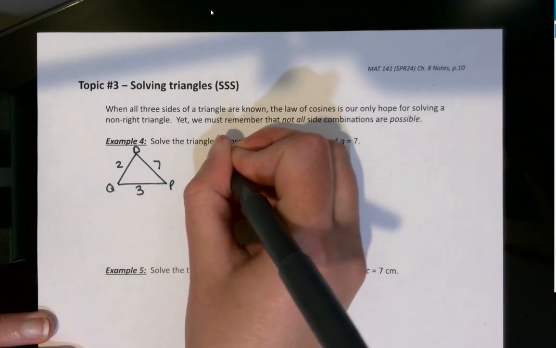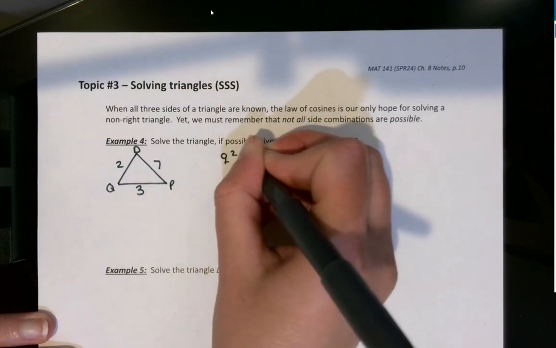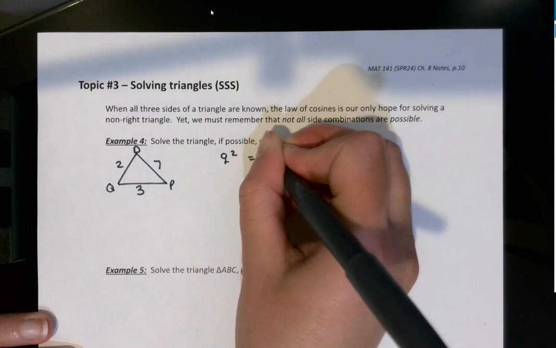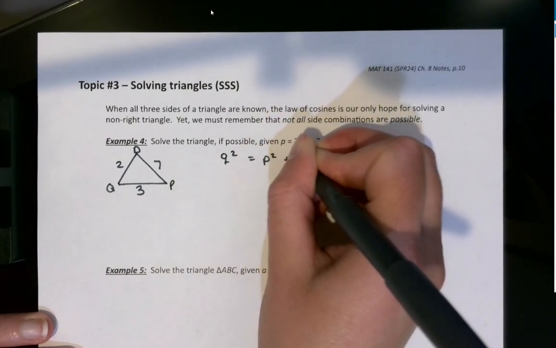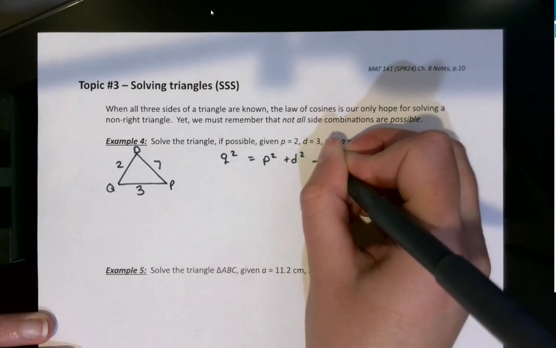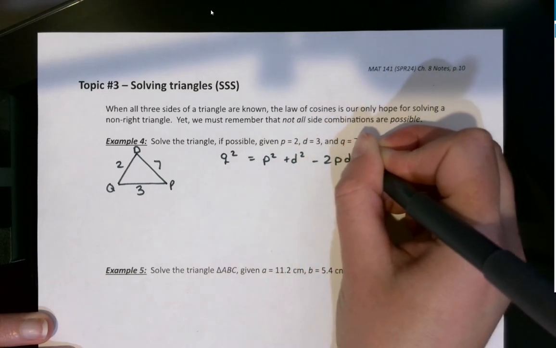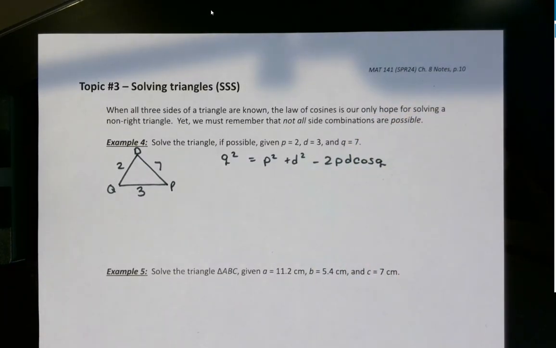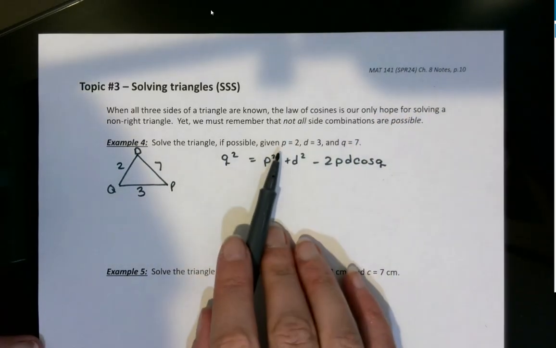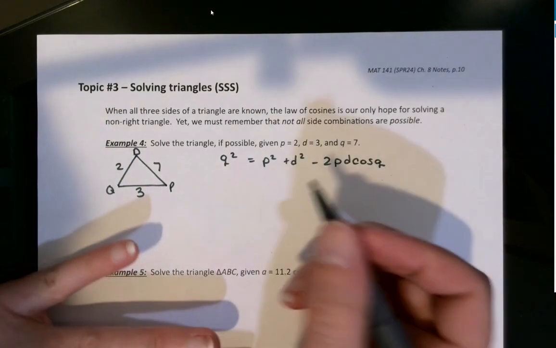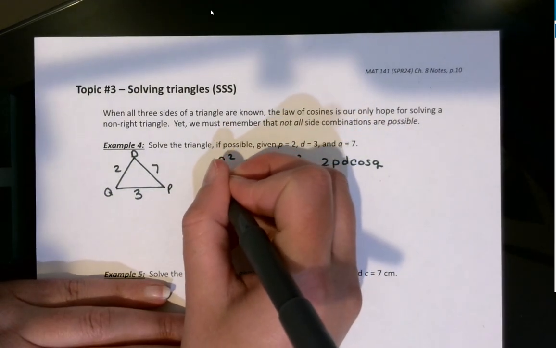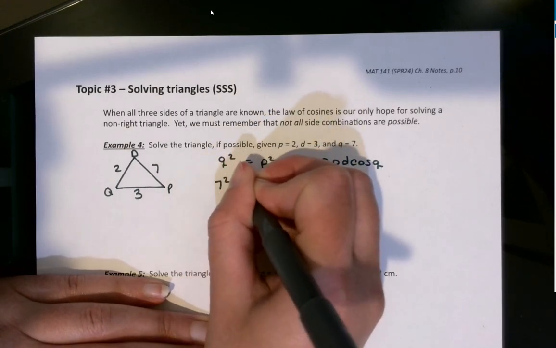So we'll set this up as Q squared equals P squared plus D squared minus 2PD cosine Q. This is going to be a dyslexic nightmare with these P, D, and Q letters all looking similar, so apologies for those letters there. Q squared, that's 7 squared.